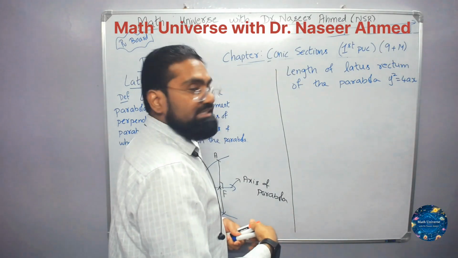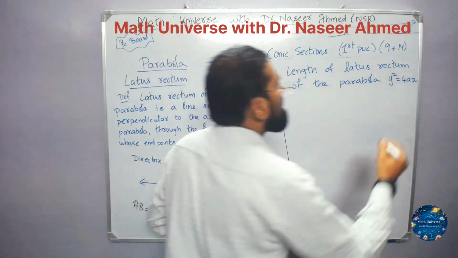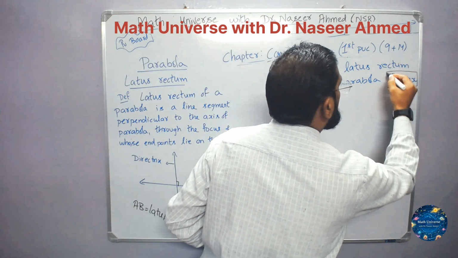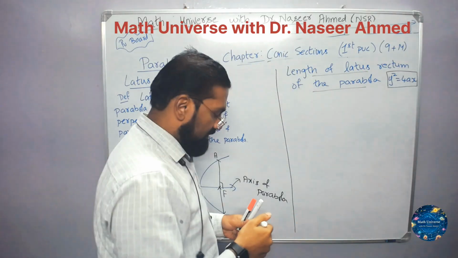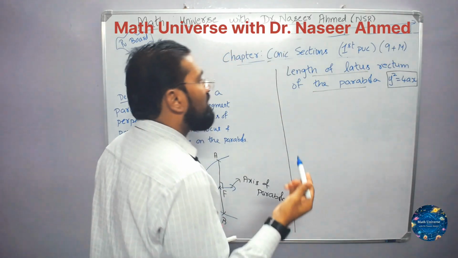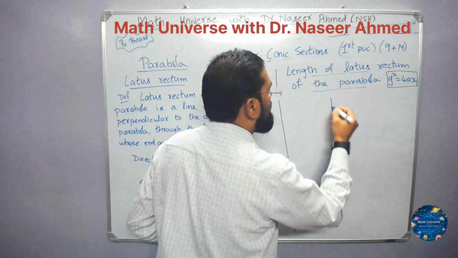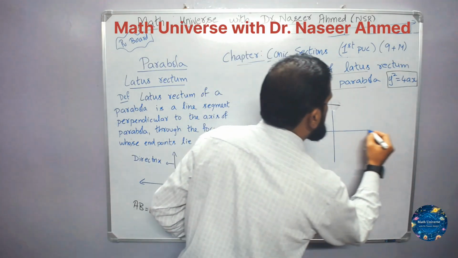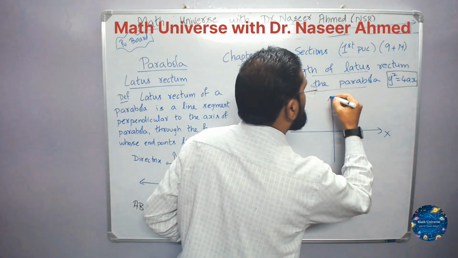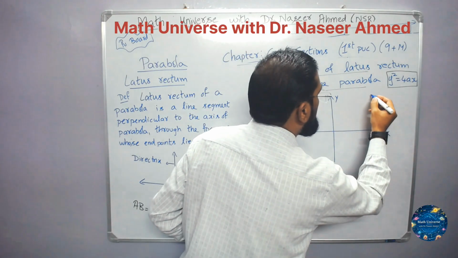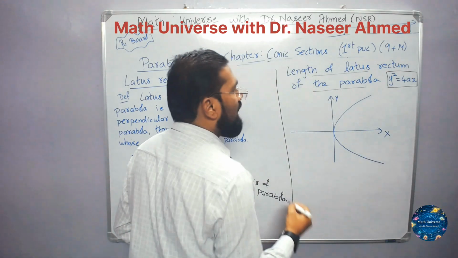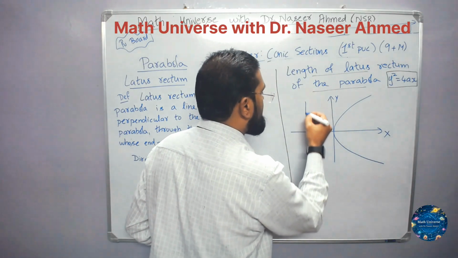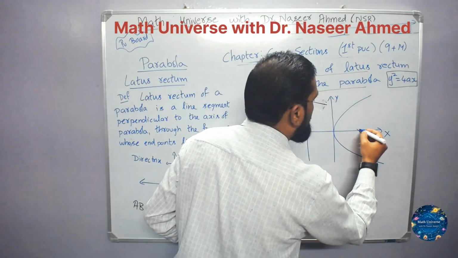This derivation we have just completed. Now for this parabola, what could be the length of latus rectum? For this, the coordinate axes will be considered. Don't forget, by taking coordinate axes, we have derived this result. And the parabola is this. Here we have the directrix. Here we have the focus.